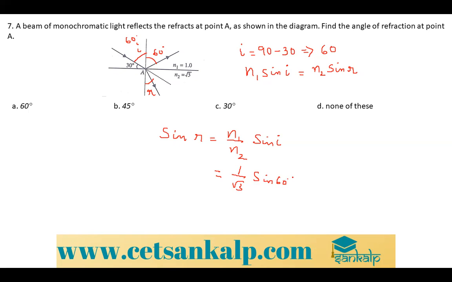So sin 60 ಎಷ್ಟು? It is root 3 by 2. 1 by root 3 into root 3 by 2. So root 3 cancel ಆದರೆ it is 1 by 2. So R is equal to sin inverse of 1 by 2. So sin inverse of 1 by 2 andre R is equal to 30 degree. Option C.